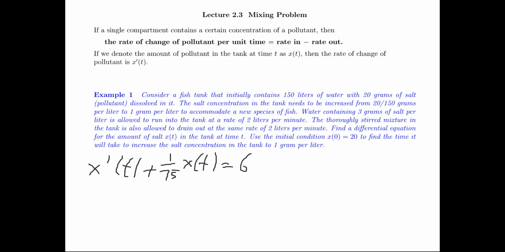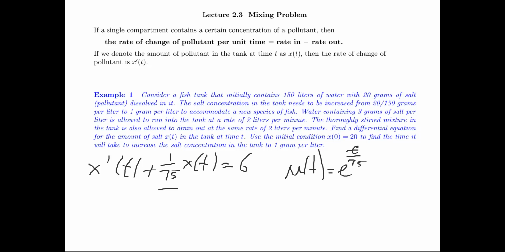So now this looks like our first order linear equation, in which case our integrating factor is mu of t equals e raised to the integral of p of t, but p of t is 1 over 75. The integral of that is t over 75.